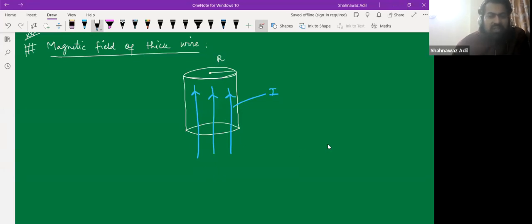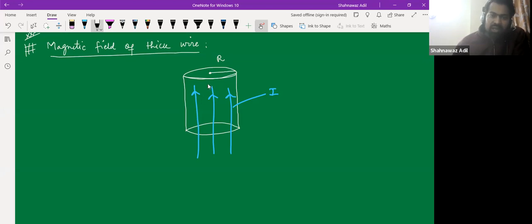How many regions are there for this thick wire? Sir, three. What are the regions? Sir, the two circular ones at the top. Those are surfaces, I'm not talking about the surfaces. Absolutely right, there are three surfaces: the top one, the bottom one, and the curved one.